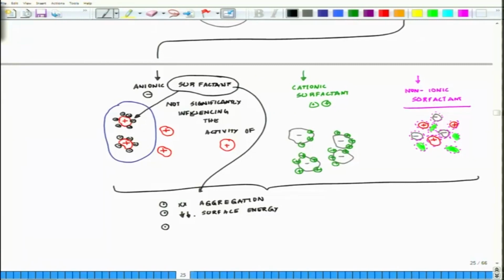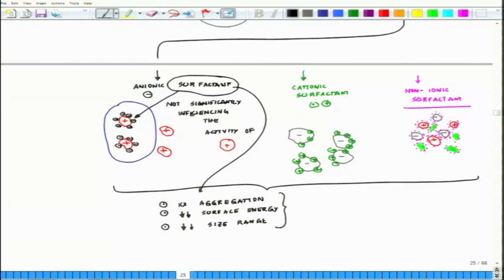Further, it leads to the production of nanomaterial with a smaller size range and with desired surface properties. Okay. As we walk through the course, you will see there are different places where surfactants have been used, and this is the basic of using surfactants.